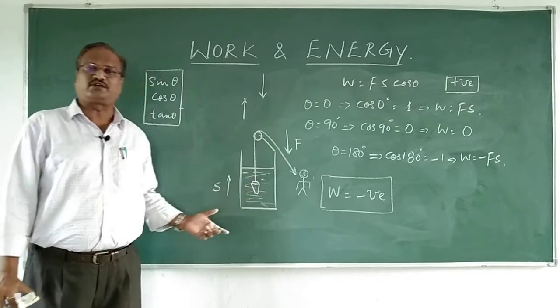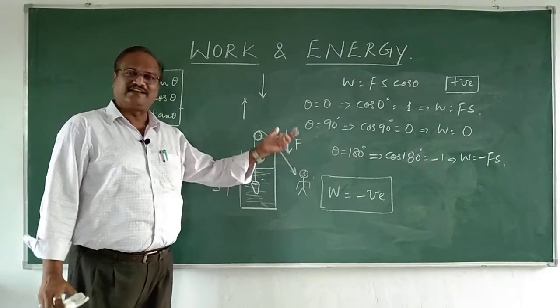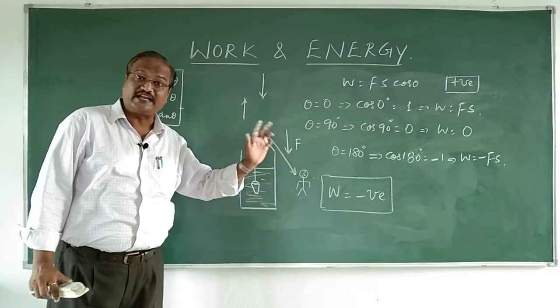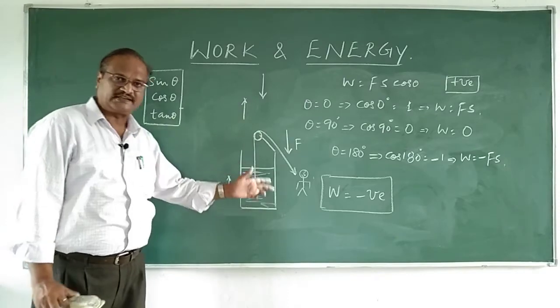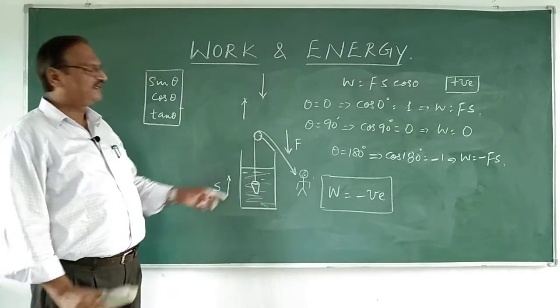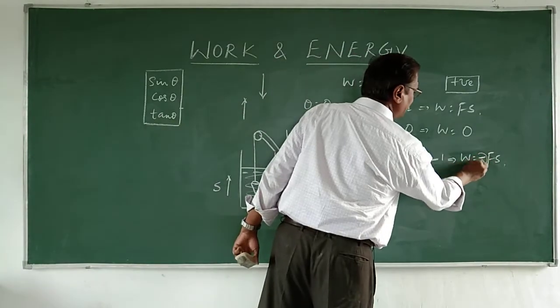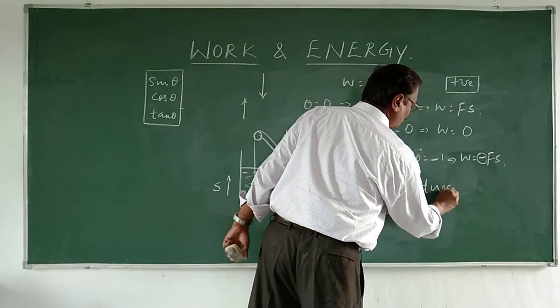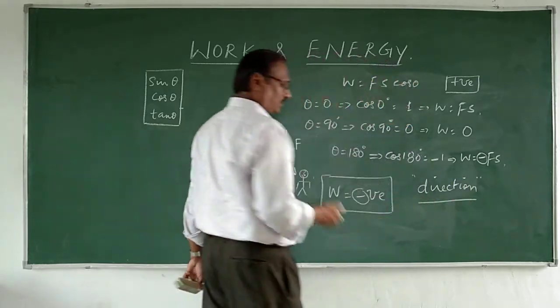Always work is positive, but we give a physical significance to it that we say it is negative. But there is no negative work. Work is there. Always people do the work. That work is done, but it is in the opposite direction. So the negative sign shows you only the direction. It tells you the direction. That's why it is called negative work.